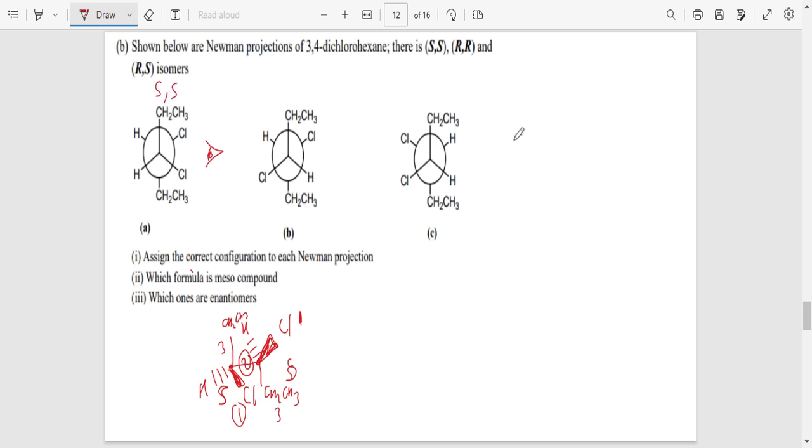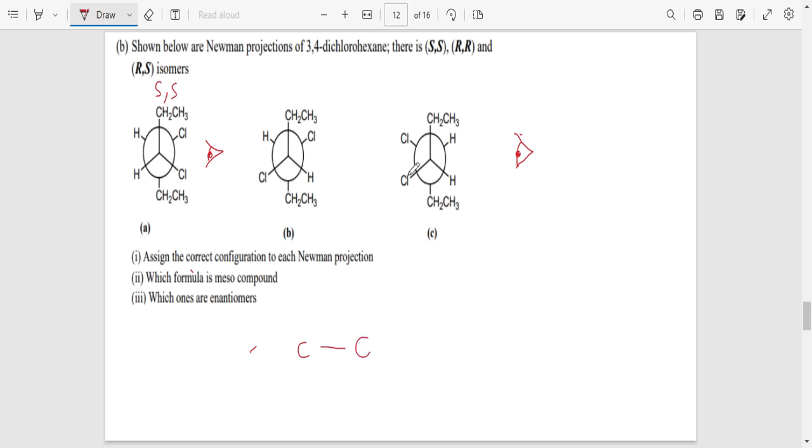Okay, let me use this other one here. If I put my eye again in the same direction, I've placed my eye here, meaning I'm able to see the bond which is there. We are going to have a carbon here, let me write it like that, and then I've got another carbon.